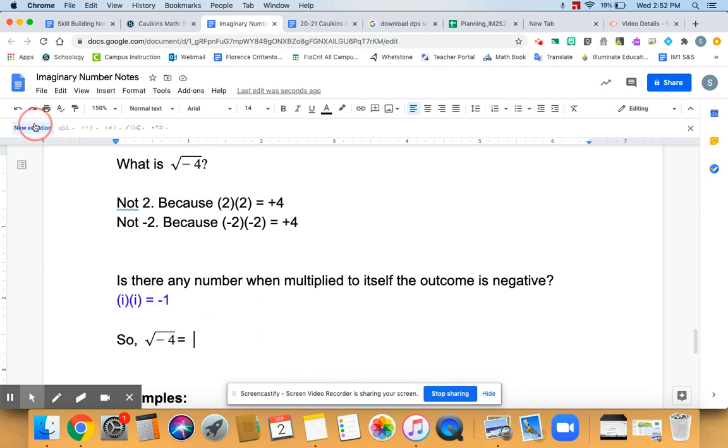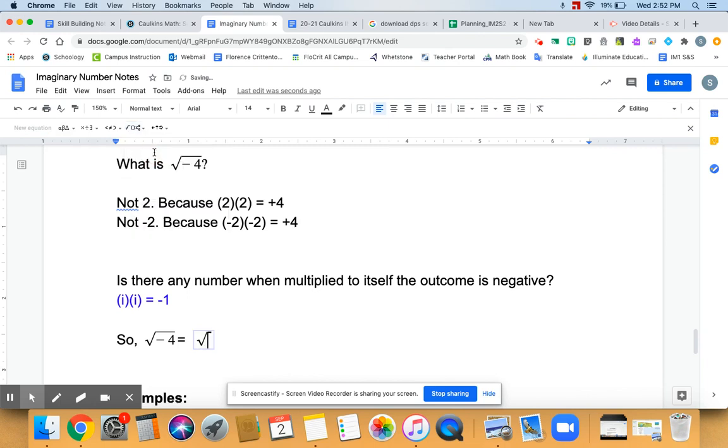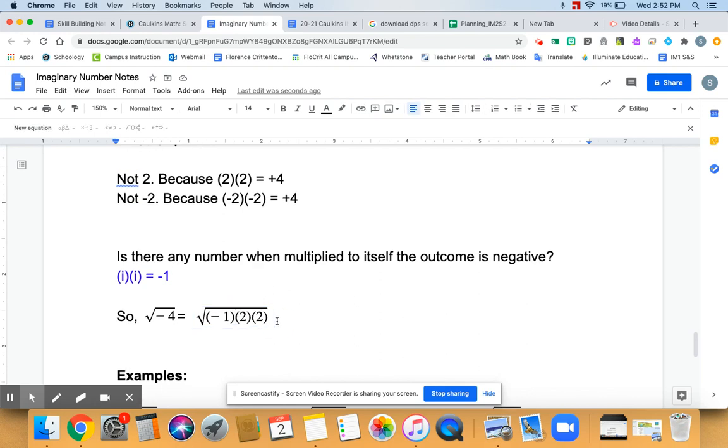So the square root of -4 is the same thing. If I split apart 4, 4 becomes 2 times 2. But for it to be a -4, there needs to be a -1 in front. So if I were to split apart 4, it would become 2 times 2 times -1.